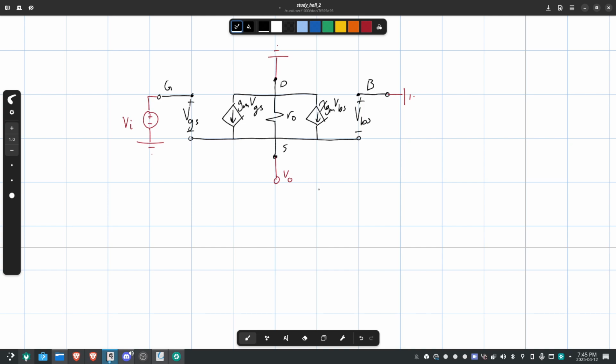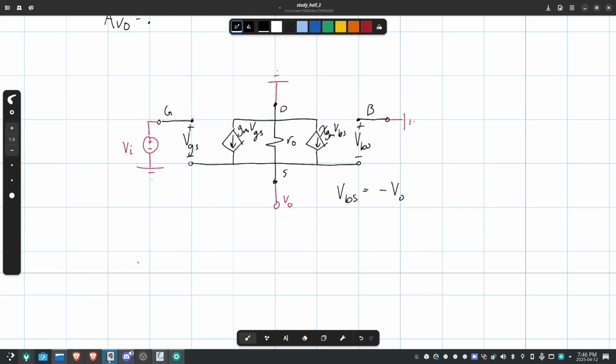Or, yeah, XGM. Now, VBS is going to be negative VO, right? Because B is already connected to ground, and S is just VO. So B minus S. And then we have VGS. So VGS, as we said before, is 0.8 above. We know GM, we know XGM, we just need to know RO.